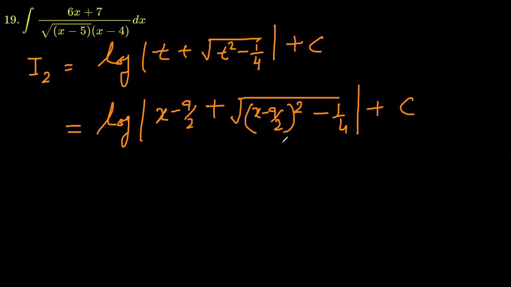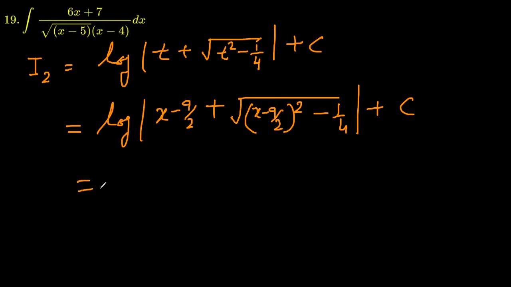Since this expression here, x minus 9 by 2 whole squared minus 1 by 4, we obtained by writing our denominator, which was quadratic, x squared minus 9x plus 20, in perfect square, this should give you the same expression.